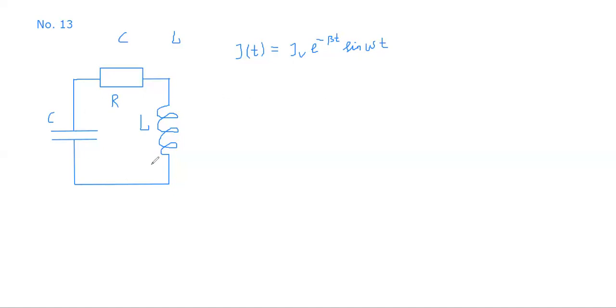So here we have three elements that are connected in series: inductor, capacitor, and resistor. So let's use Ohm's law.